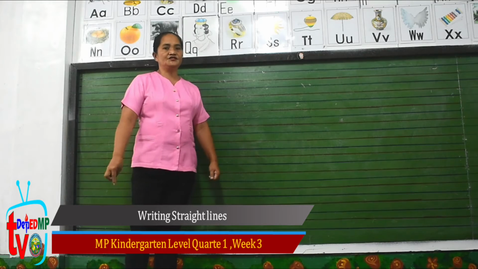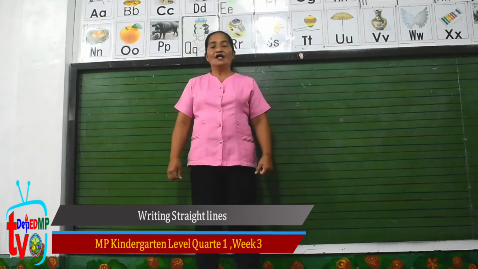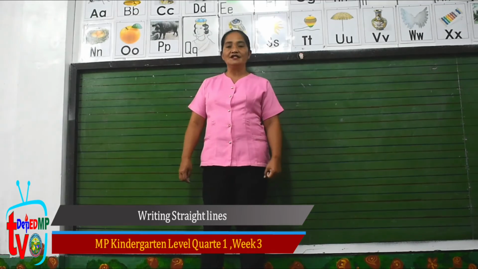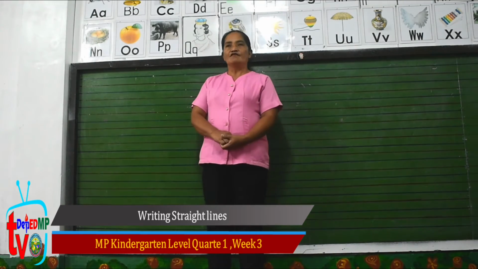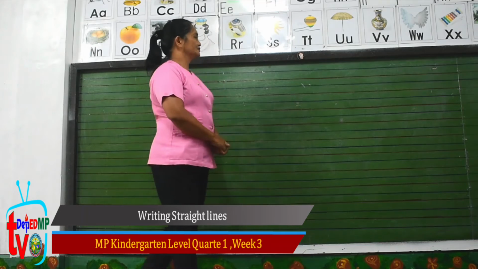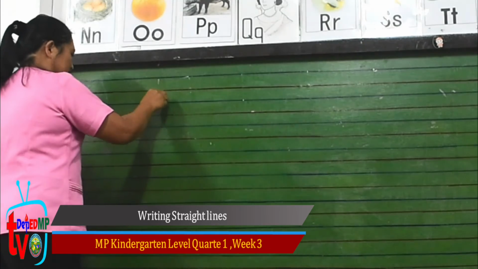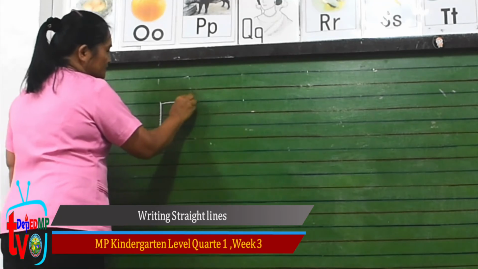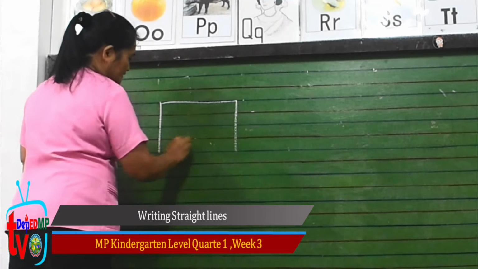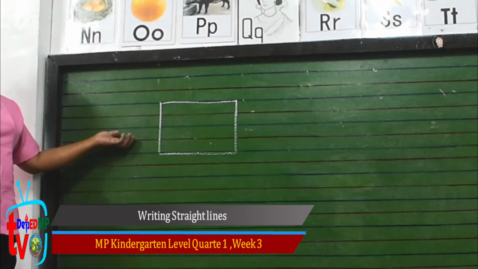Okay, for activity 3, we have used the two kinds of lines in making the shapes or the objects, the figures. For figure 1, we have a square, or a rectangle, I should say. This is for figure 1. Now look at figure 1.